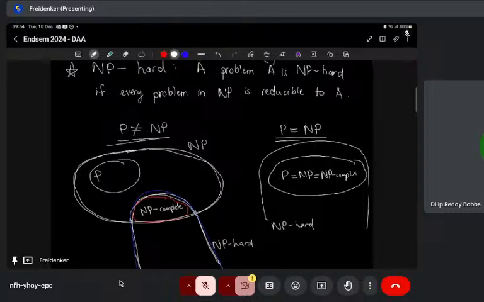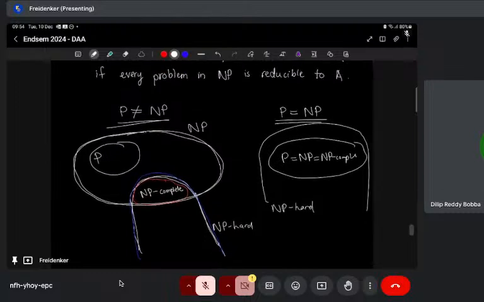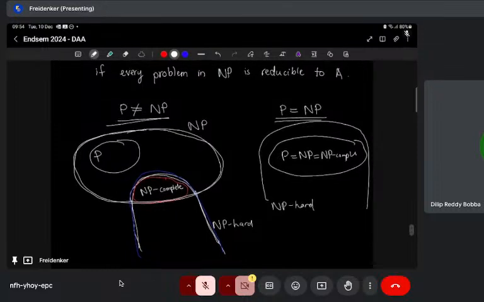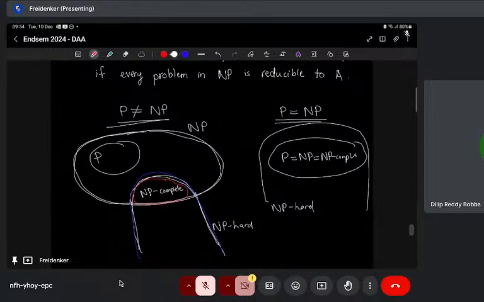Okay. Is that the only thing? So what does it mean if a problem is not in NP? I told you that the class NP can also be described as the set of all problems that have efficient verifiers. So if you look at NP hard, you have problems that are not in NP.